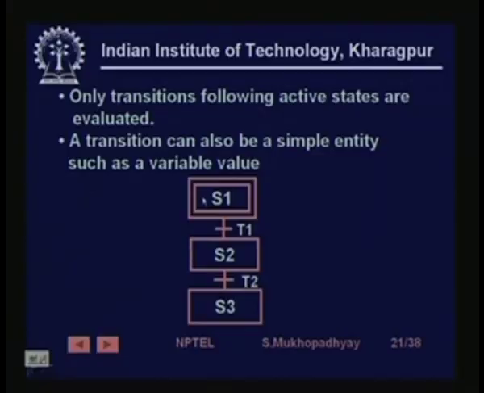For example, in this case S1 is an initial step. While S1 is active, T1 is active, and if the conditions for T1 are fulfilled, then it will come to S2. While at S2, T2 will also become active, and if T2 occurs, then it will go to S3.